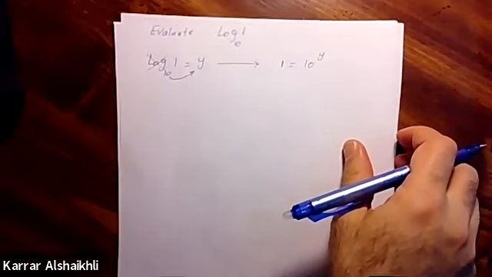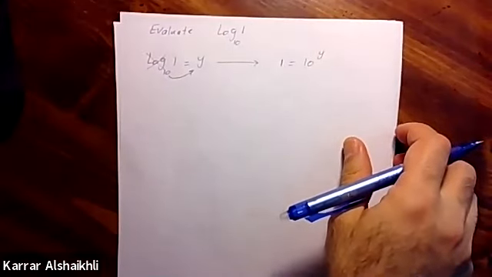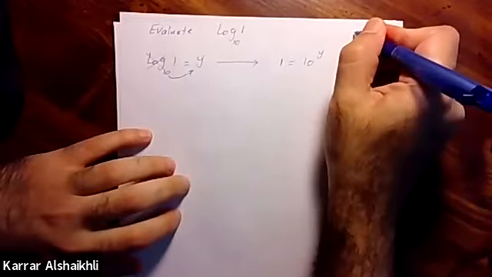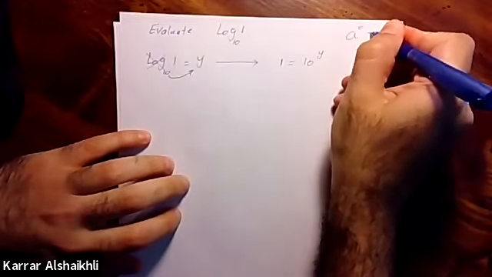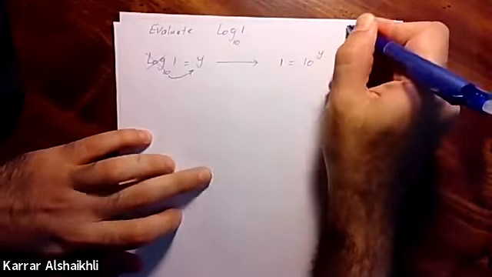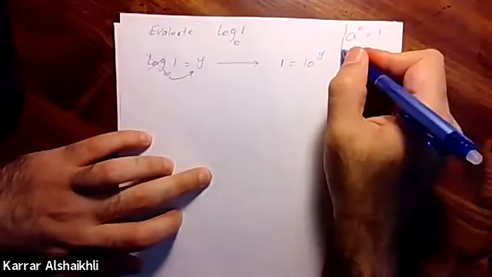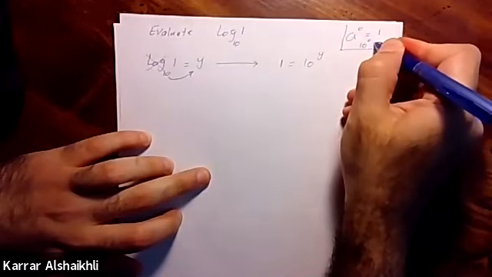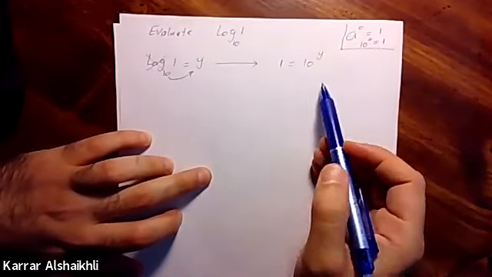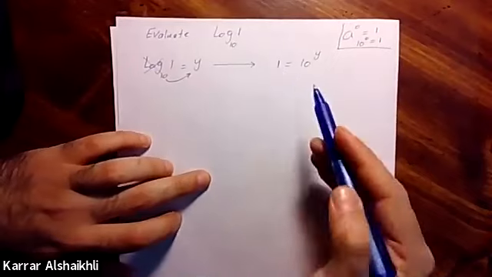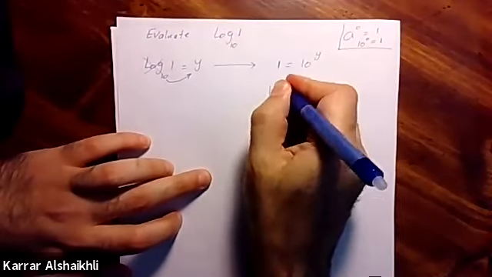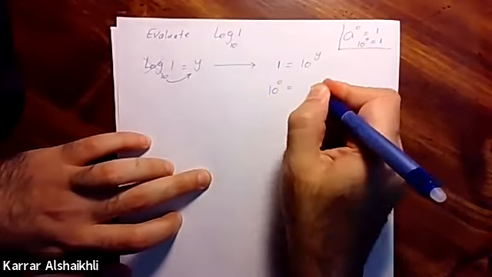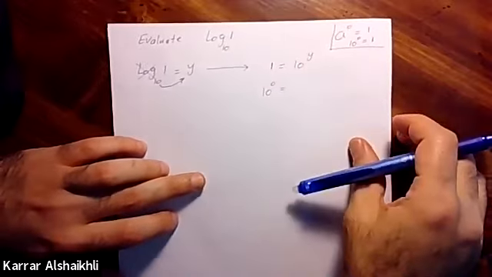One of the exponent rules says any number with exponent 0 is going to be 1. So 10 to the exponent 0 is 1, so I can convert this 1 to 10 to the exponent 0.